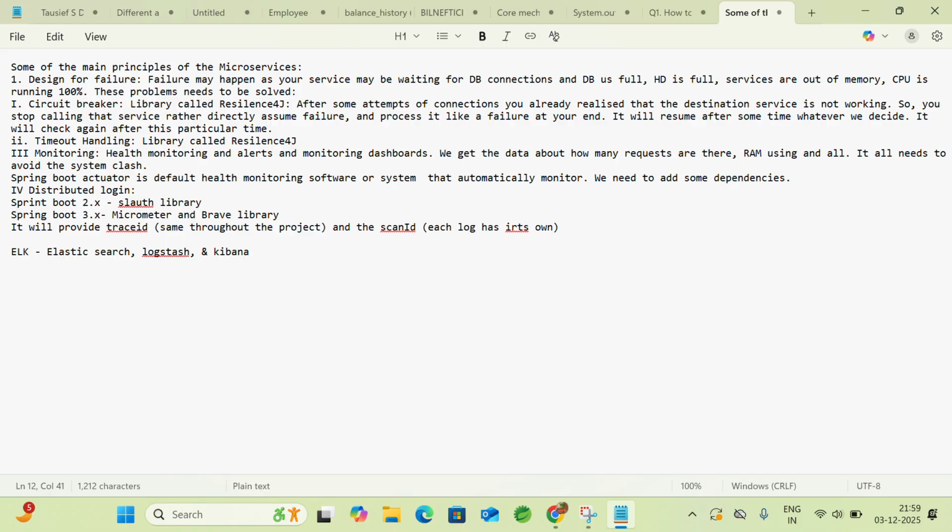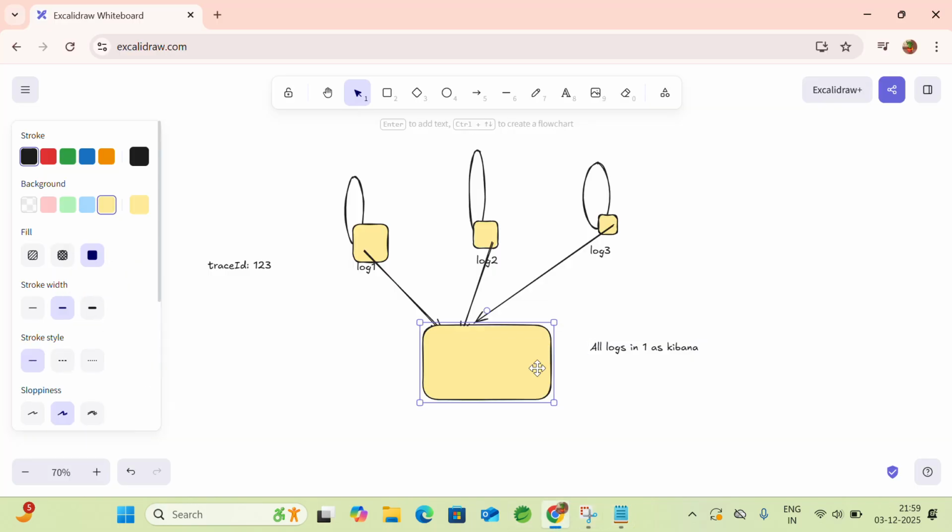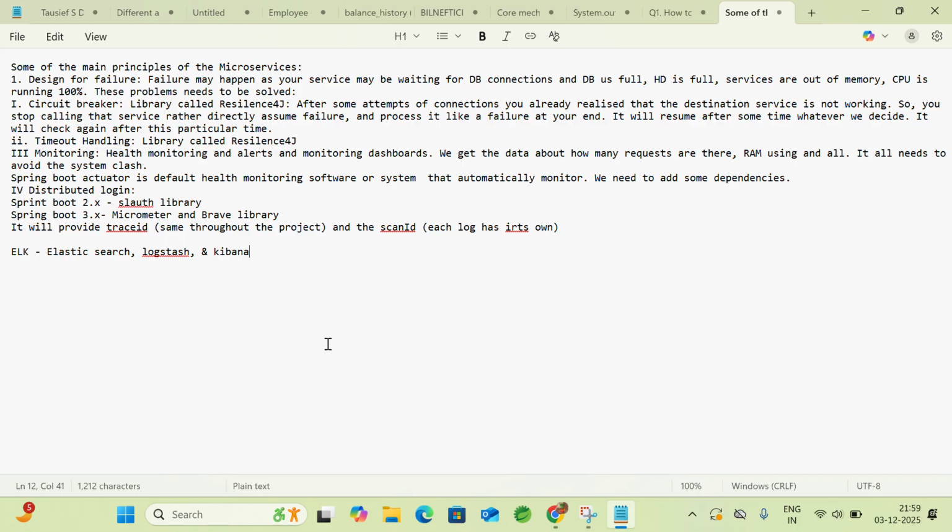So this is where the system can combine all logs from all places to the central system, which we call Kibana here. So this is how we can do the distributed logging.